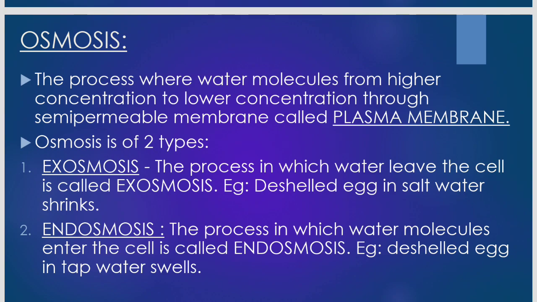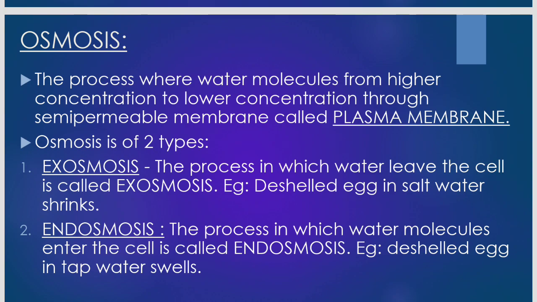What is osmosis? The simple definition of osmosis is the process where water molecules move from higher concentration to lower concentration through a semi-permeable membrane called the plasma membrane. That means the water moves from the place where there are more water molecules available to the place where there are fewer water molecules available.